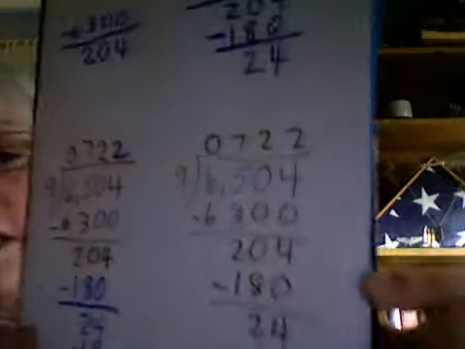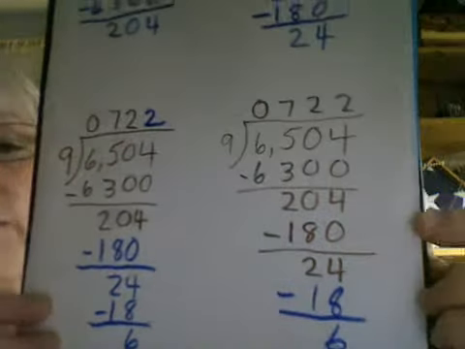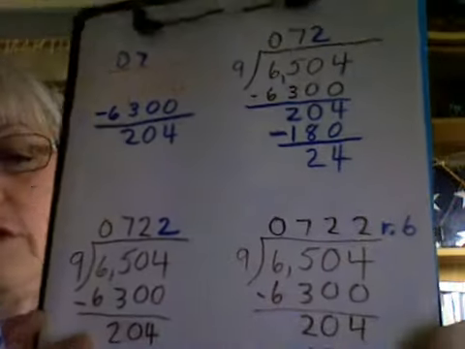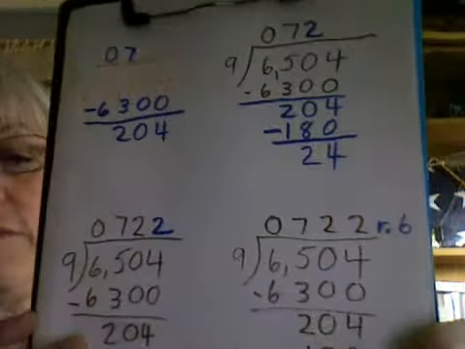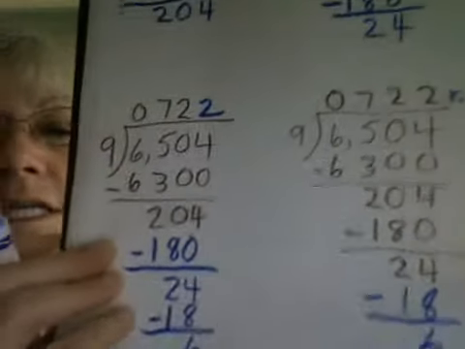And we know that 6, it's impossible to divide 6 into 9 equal groups, and that becomes our remainder. So 6,504 divided by 9 gives us a quotient of 722, remainder 6.